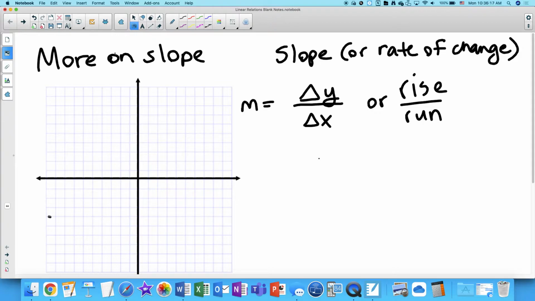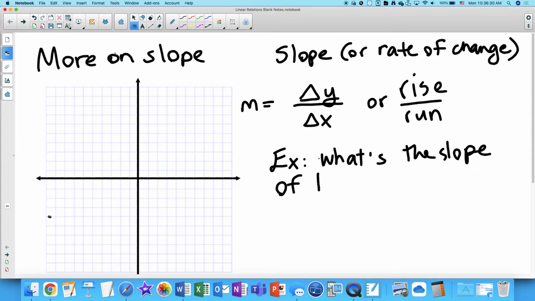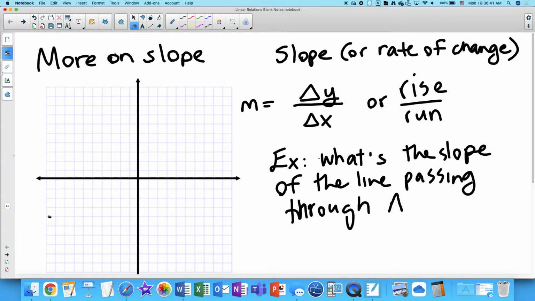Okay, so what I'd like to do to start is just say, for example, what's the slope of the line passing through A, which is, let's say, the point (-3, -1), and B, which is the point (1, 5).